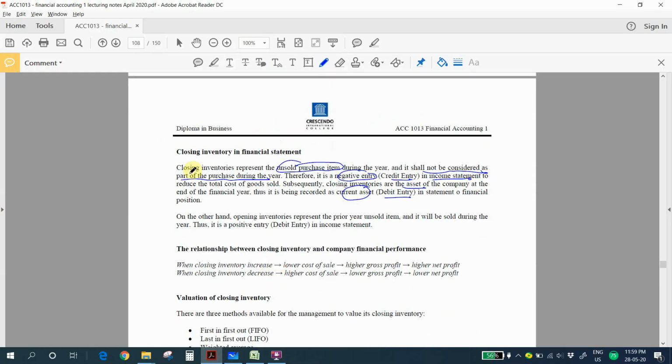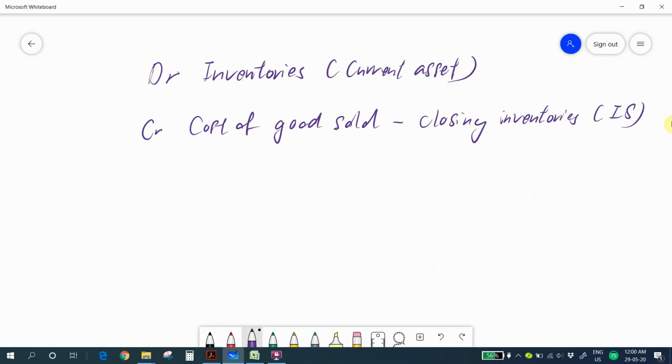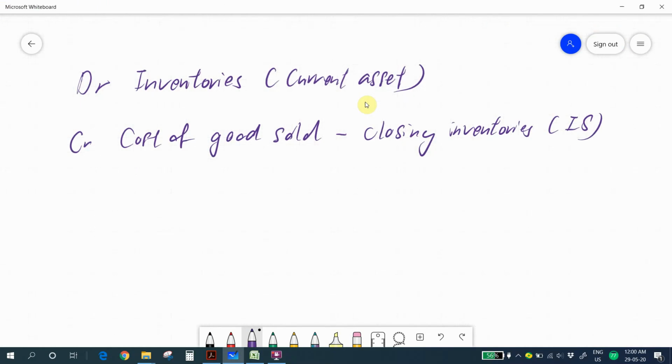Next, how about opening inventory? Opening inventory presents the prior year unsold item, and it will be sold during the year. So this is a positive entry, we call debit entry in the income statement. Remember the combination of our cost of goods sold?